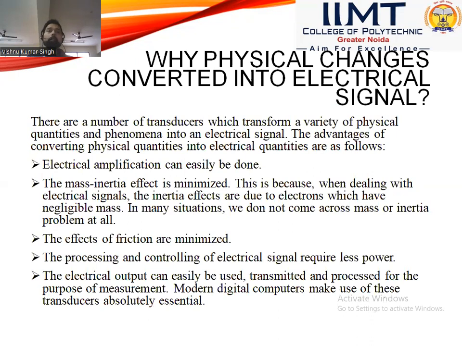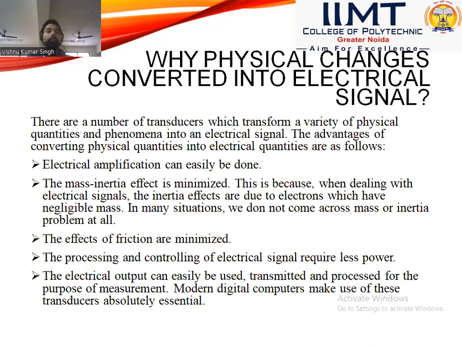Firstly, electrical amplification can easily be done. Secondly, the mass inertia effect is minimized. This is because when dealing with electrical signals, the inertia effects are due to electrons, which have negligible mass. In many situations, we do not come across a mass or inertia problem at all.